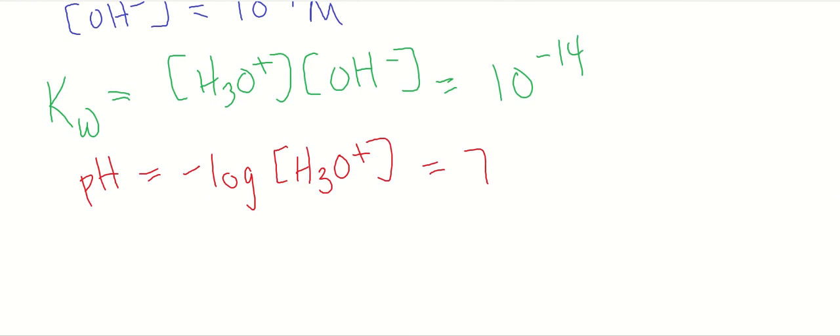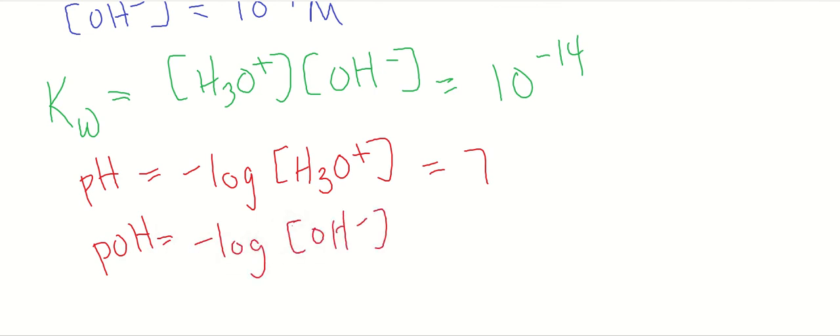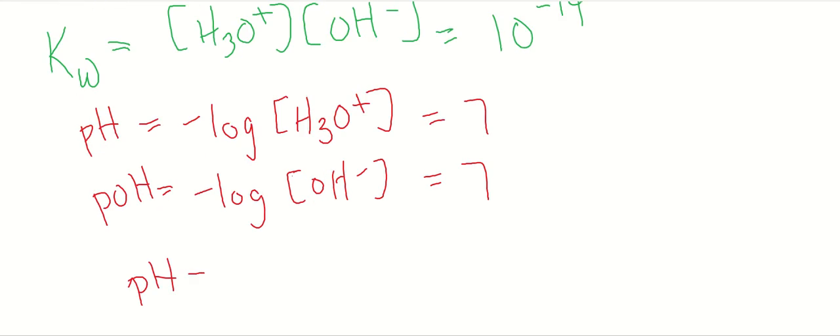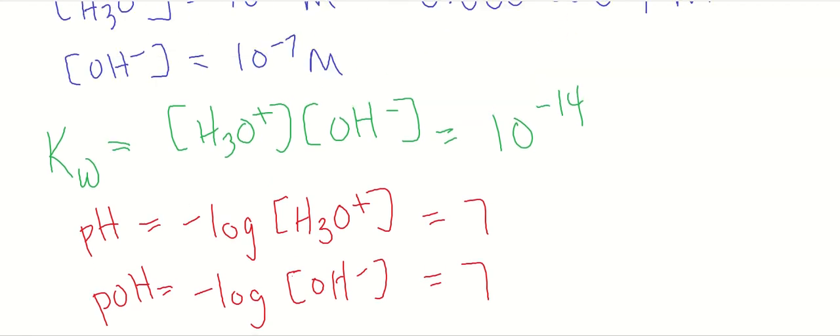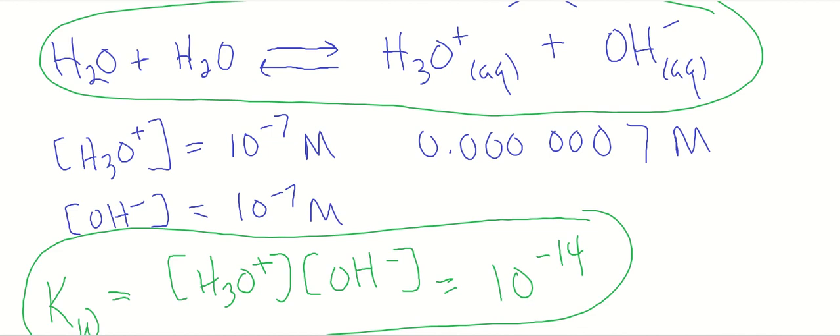And you've probably heard that before, but this is how we get it. And the pOH is the negative log of the hydroxide ion concentration, and that's also going to be 7. The pH plus the pOH equals 14, always at 25 degrees Celsius. There it is. You have your ion product constant, the Kw, from the auto-ionization of water.